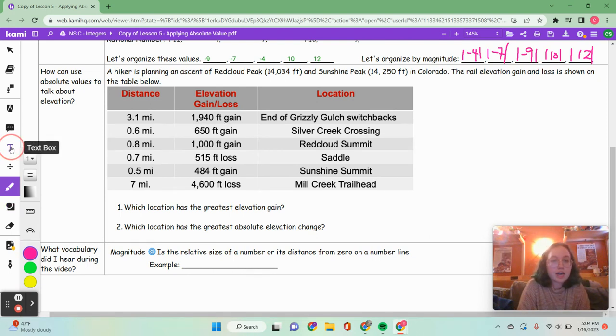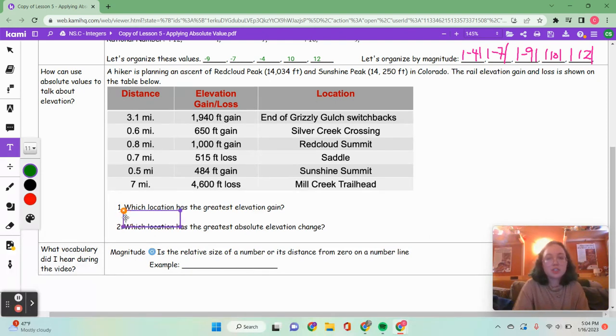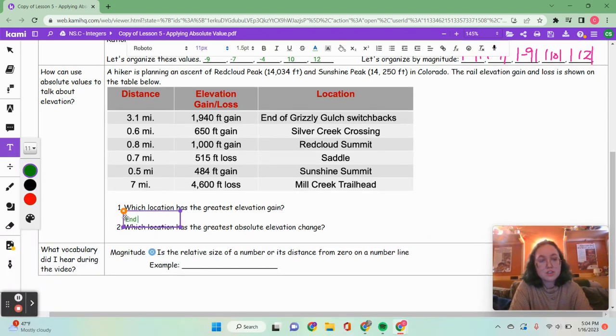So that is at end of Grizzly Gulch switchbacks. So that is our greatest elevation gain. End of Grizzly Gulch switchbacks.